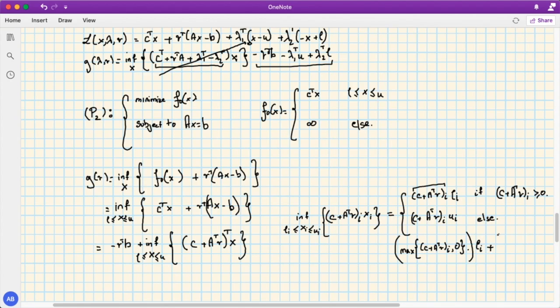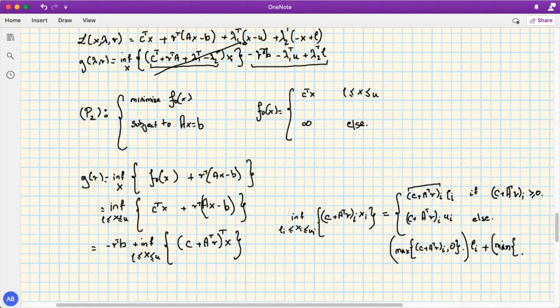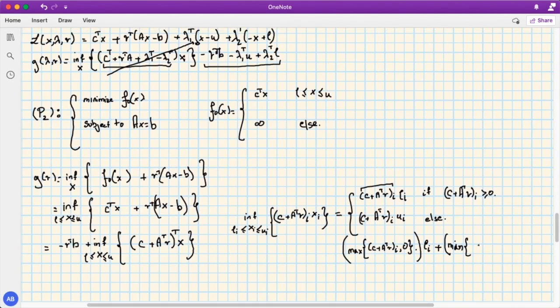Plus, you do the same thing now for the negative term. You take the min, because it's negative, between c plus A transpose nu_i and 0 multiplied by ui.